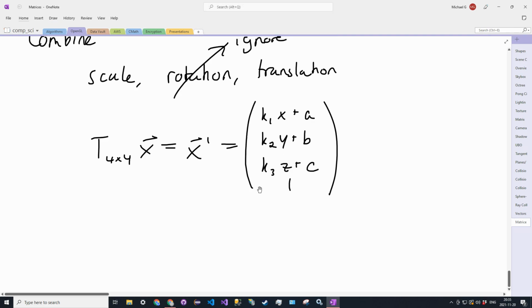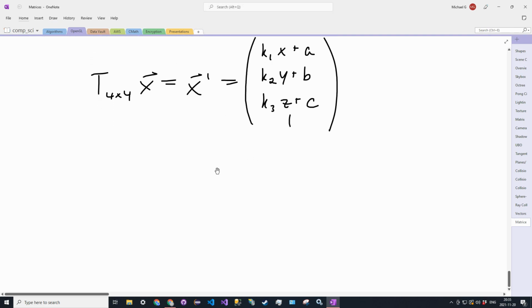We know that T has to be something of the form with the scale factors in the diagonal, and then the translation factors in the right column. Now, is that all? Can we just get away with doing that? And then we have to put that 1 there. We figured that out in both cases.